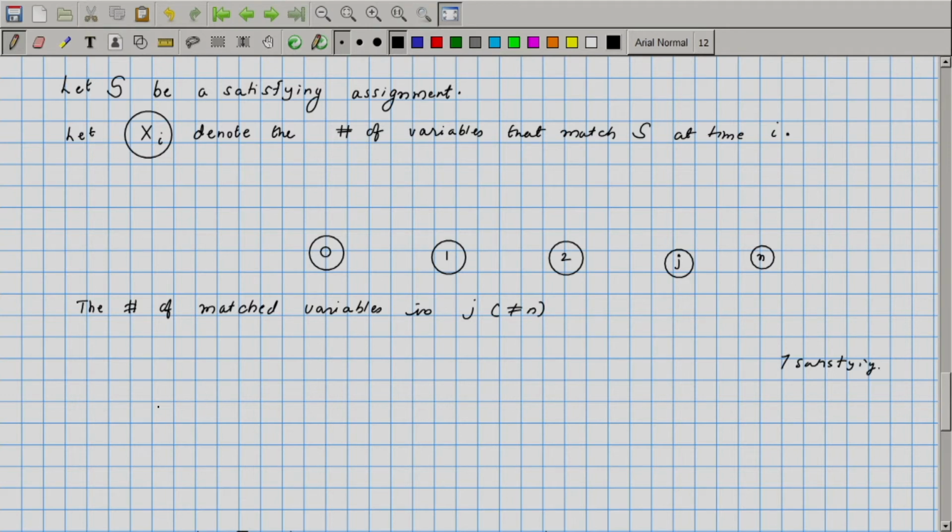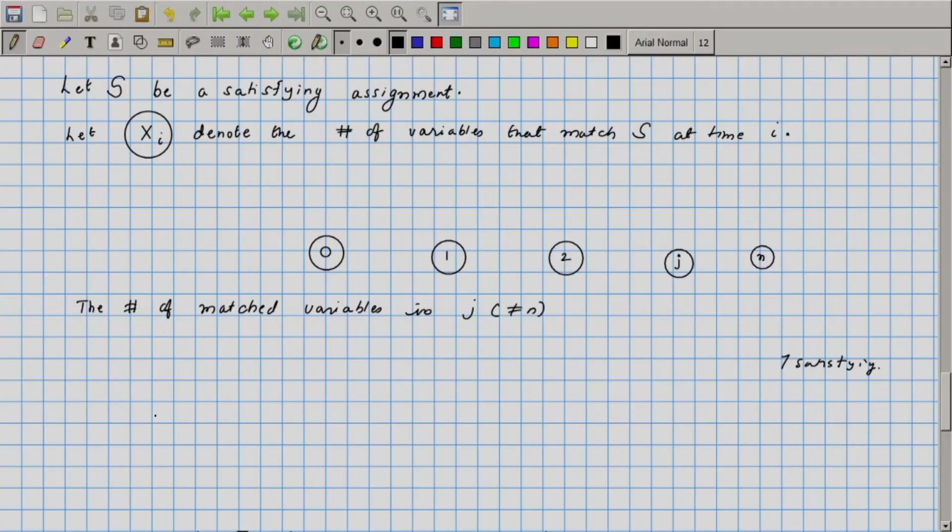So, there is at least one clause on which the current assignment is different from S, because if it agreed with S on every variable, then j would have been n. So, let us look at an unsatisfied clause.